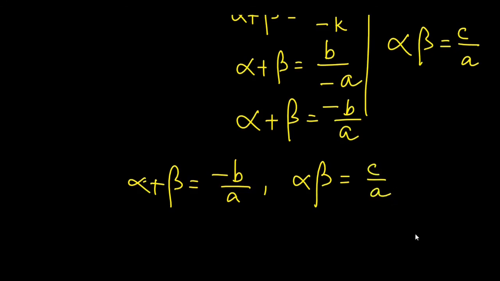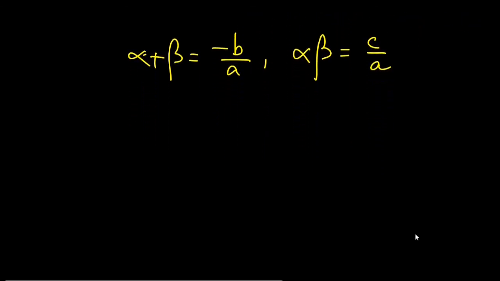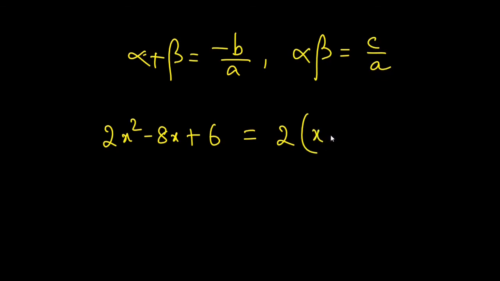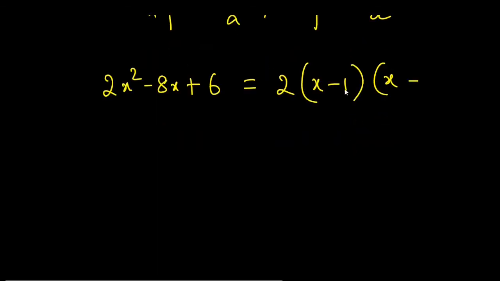Here we have to observe one thing. Initially we have taken the polynomial 2x square minus 8x plus 6. This was split into 2 into x minus 1 into x minus 3.